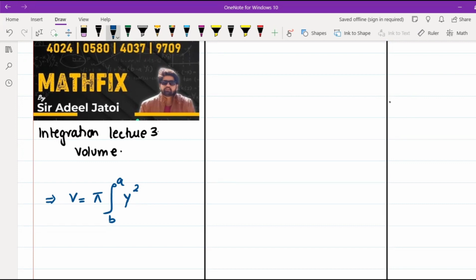So if you have gone through lecture 1 and lecture 2, you will be easily able to understand the volume concept here.